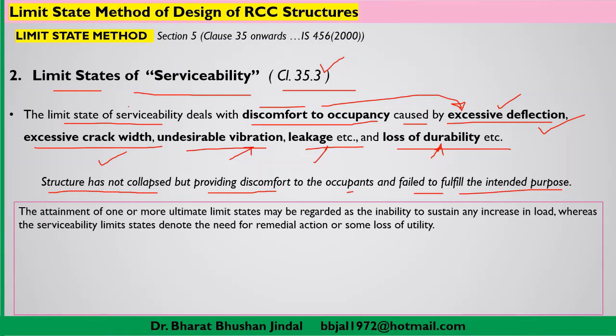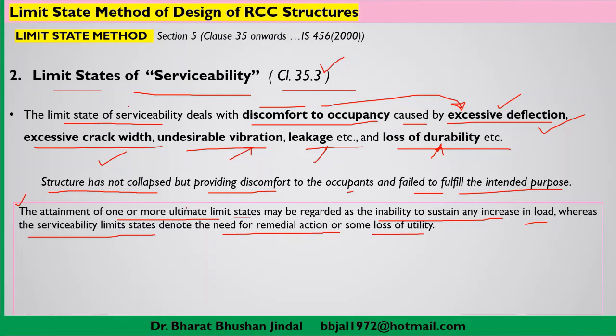Now, let us sum it up. We have discussed two limit states: limit state of collapse and limit state of serviceability. The attainment of any one of the ultimate limit states may be regarded as the inability to sustain any increase in load, whereas the serviceability limit state denotes the need for remedial action or some loss of utility.